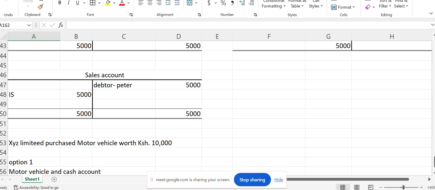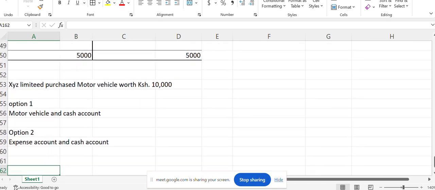Now, you've been provided with an account here. XYZ Limited purchased a motor vehicle worth 10,000. Someone may argue that purchasing a motor vehicle is an expense to the company, because I'm using cash, so cash is going to reduce.